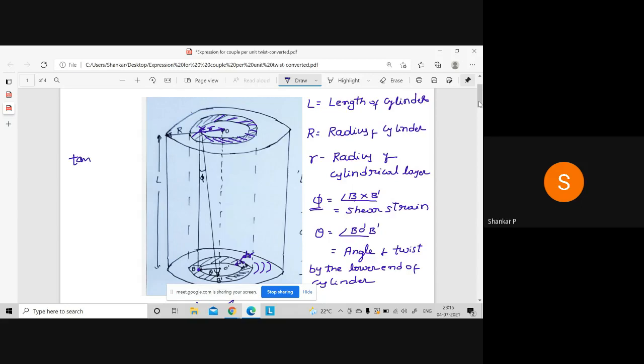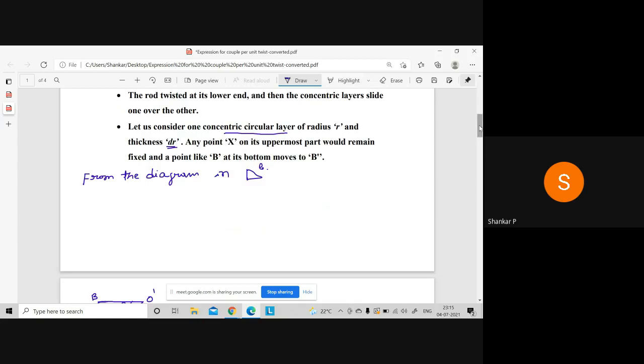We know tan theta is nothing but opposite side by adjacent. Here the opposite side will be B B dash and the adjacent side is nothing but the length of the cylinder, right?